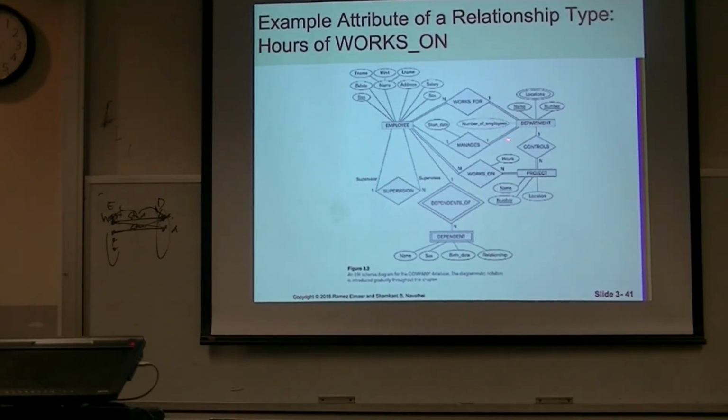The last one is the dotted oval, which is a derived attribute. Actually, this attribute is the number of employees. We can count the number of employees of each department from the employee, right? Which means whenever we check the number of employees per department, we need to go to the department and count. If I want to know the number of employees for IT, I need to go to the IT department and count.